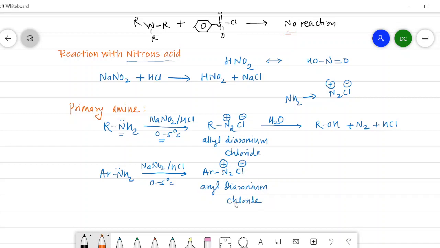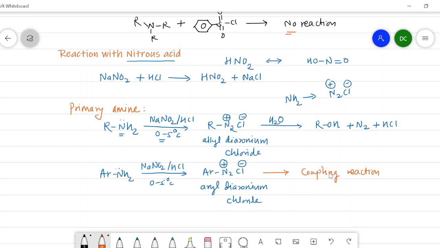This aryl diazonium chloride is a stable one and it gives a coupling reaction. Details about the coupling reaction we will see in the diazonium salt. So a primary aliphatic amine shows formation of alcohol, whereas a primary aromatic amine shows a stable aryl diazonium chloride, which further goes on to have a coupling reaction.